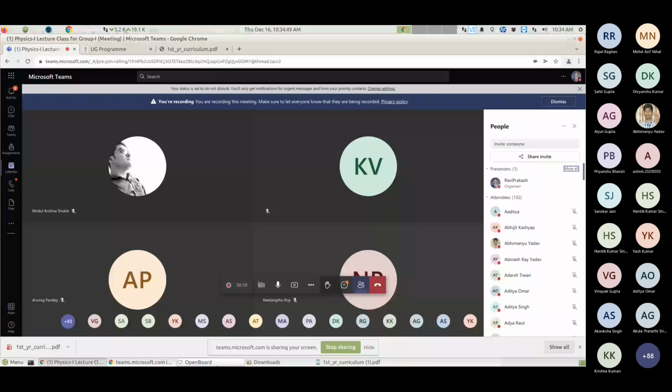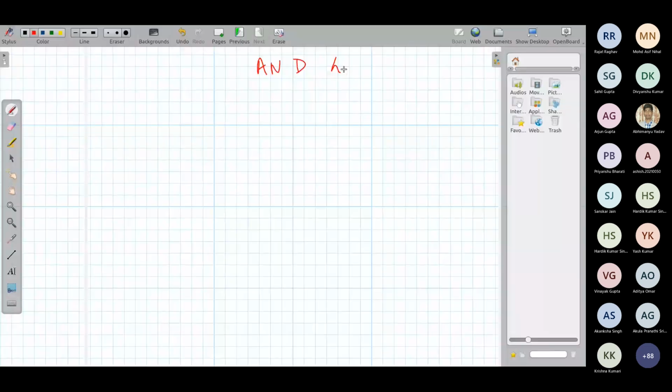AND gate means, I think this is the symbol, right? This is input A, this is input B, this is the output. What is the truth table? If any one of them is 0, output is 0, right?